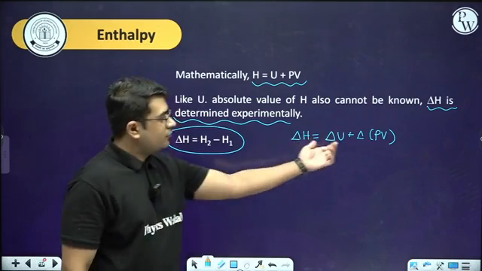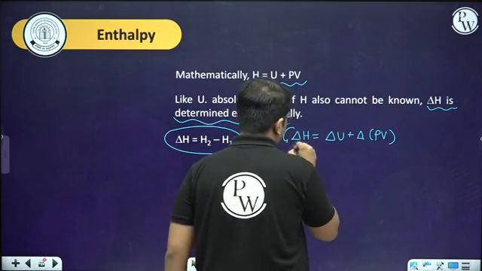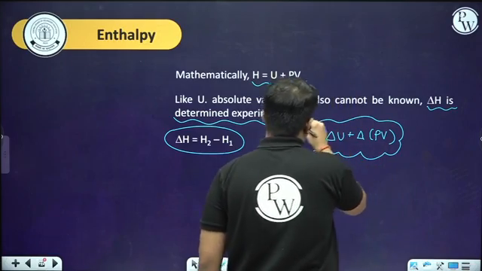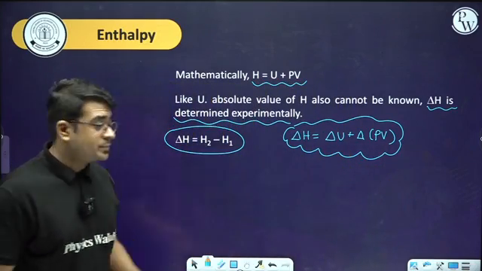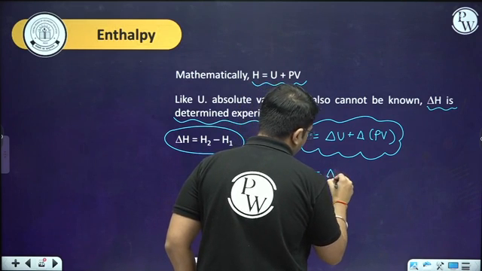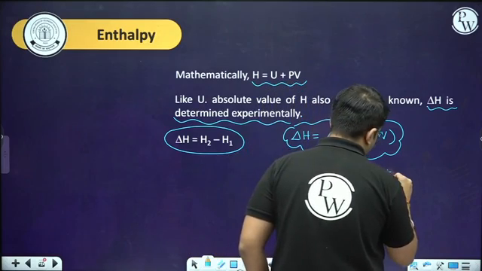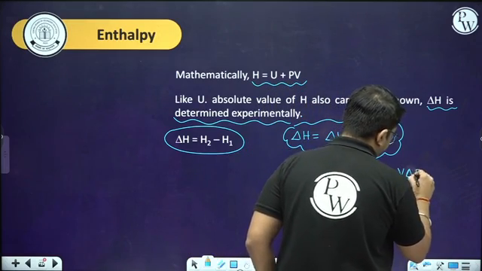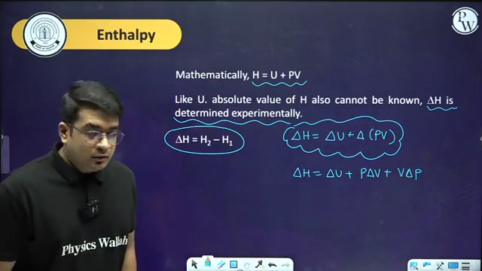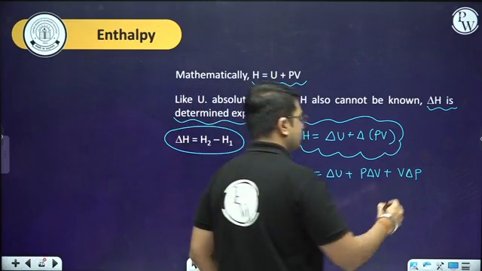Now we have one formula related to the change in enthalpy. Can I expand this formula? Yes, very easily. So delta H will be equal to delta U plus P delta V plus V delta P. Now this enthalpy change is happening at constant pressure.